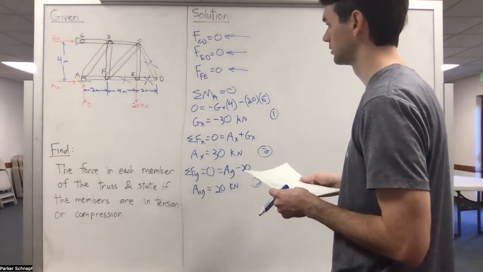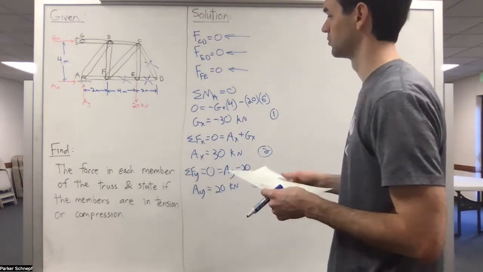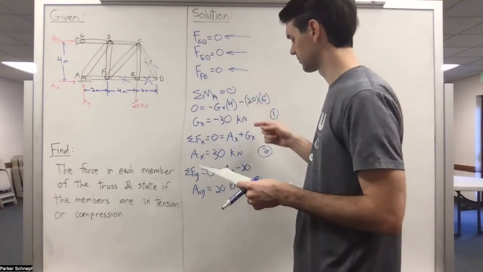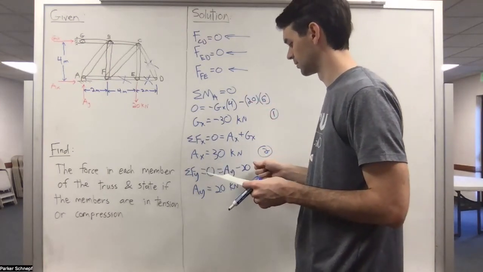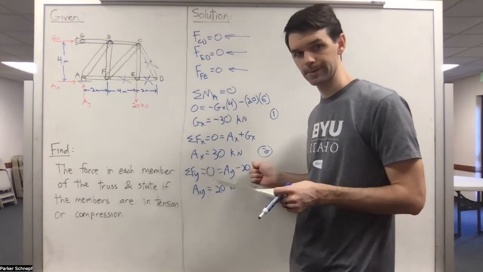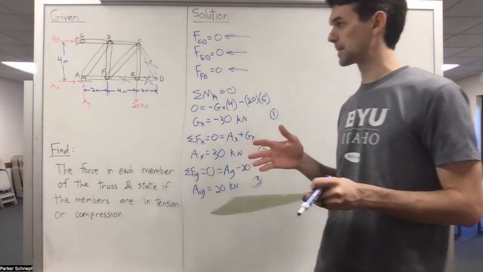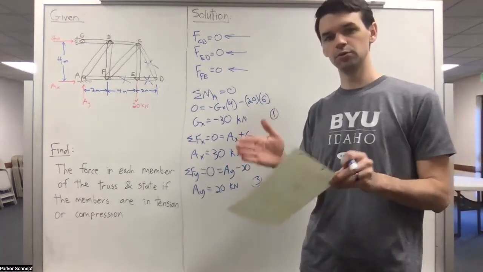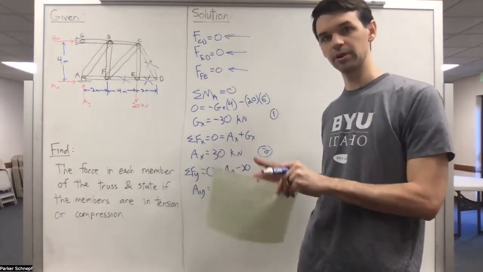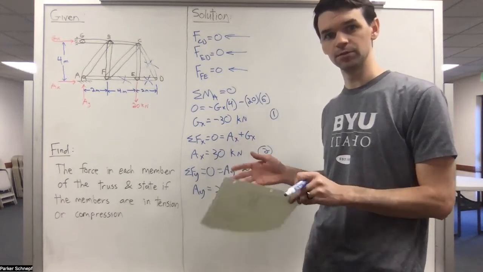So now that we have our zero force members identified and we have our reaction forces solved for, with the method of joints, you just move along the truss joint by joint, solving for the forces acting on it.